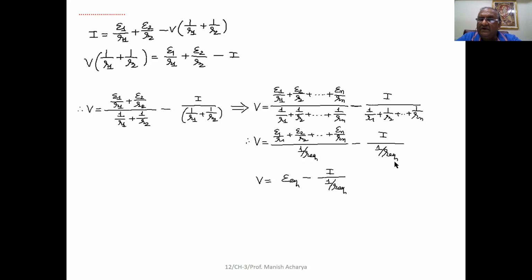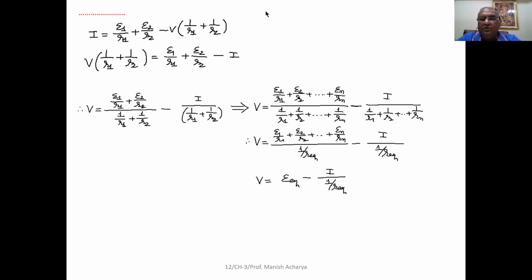Clear? So now we can compare the same equation with V equal to E equivalent minus I upon 1 upon R equivalent. So for n cells in parallel, the equivalent EMF is given by E1 upon R1 plus E2 upon R2 up to En upon Rn, whole thing divided by 1 upon R equivalent.